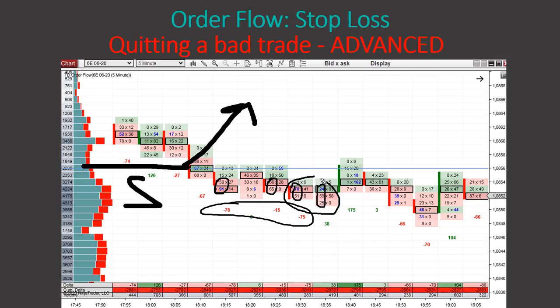Whole candles below your level, so the best thing to do is quit in here at break even. Now in this case it's not so clear cut because there are buyers jumping in, aggressive buyers, which is sort of tempting to stay in the trade, but afterwards selling imbalances, which is not good at all. So if you are offered to quit the trade for the second time, you should do it.